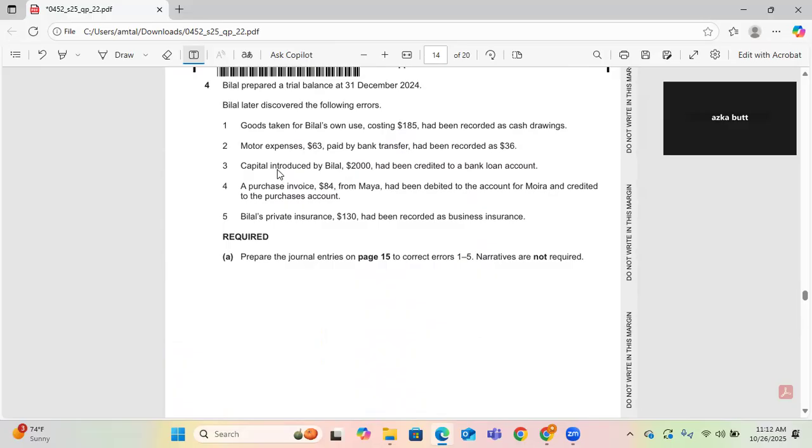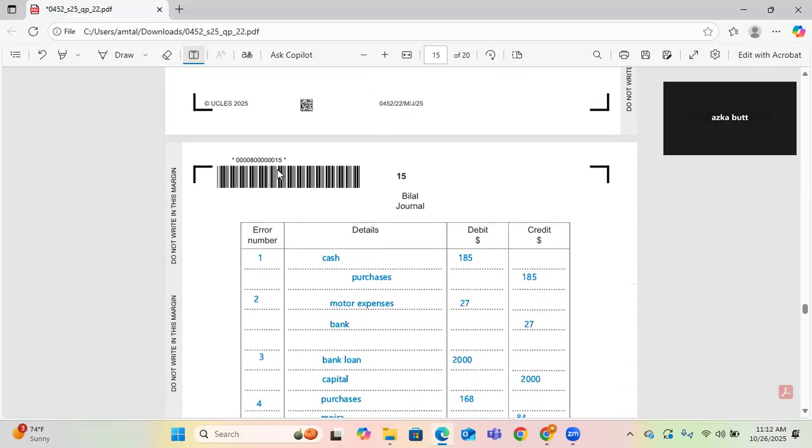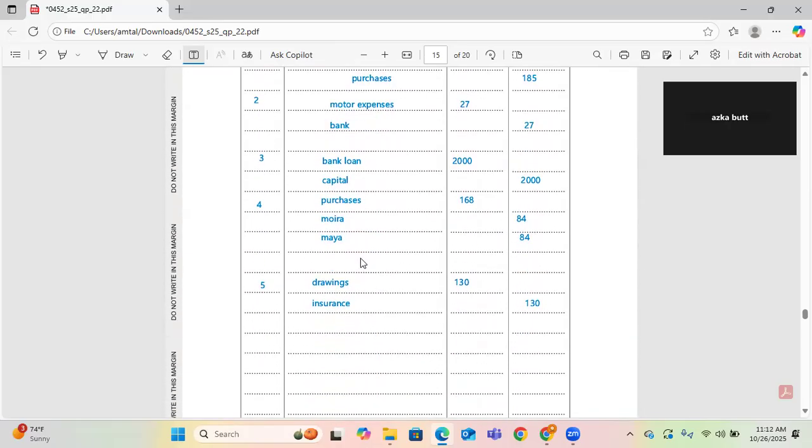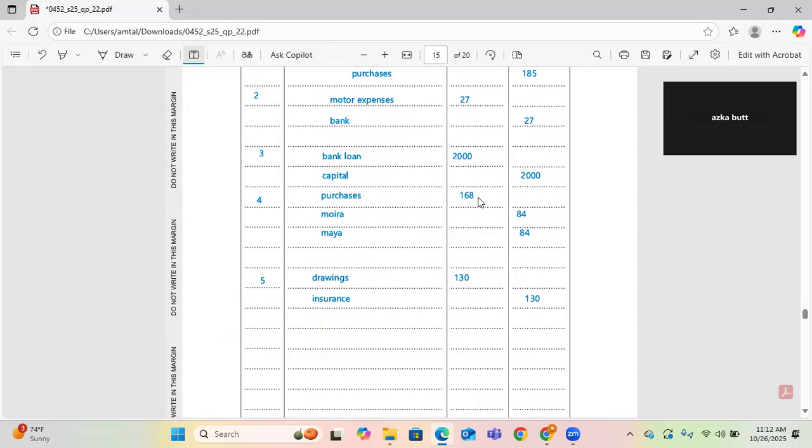Let's see the error 4. A purchase invoice $84 from Maya had been debited to the account for Moira and credited to the purchases account. So basically, if you can see here, purchases are increasing with $168. So if the purchases are increasing, we know that purchases is the part of cost of sales. And we used to decrease the cost of sales from the revenue.